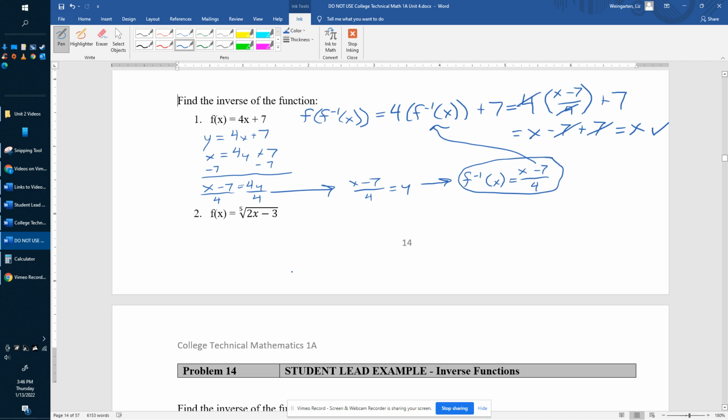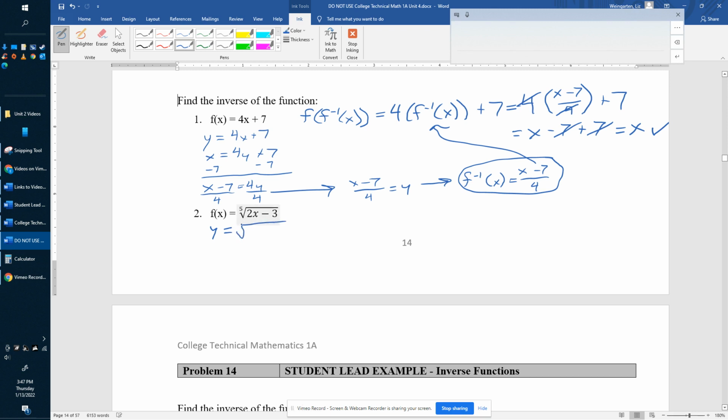Let's look at a bit of a trickier one. We have a fifth root. We haven't even talked about fifth roots much. It's kind of gross. All right, let's plug our y in there. So y equals the fifth root of 2x minus 3. Now we switch our x and our y around, so y becomes x and x becomes y.